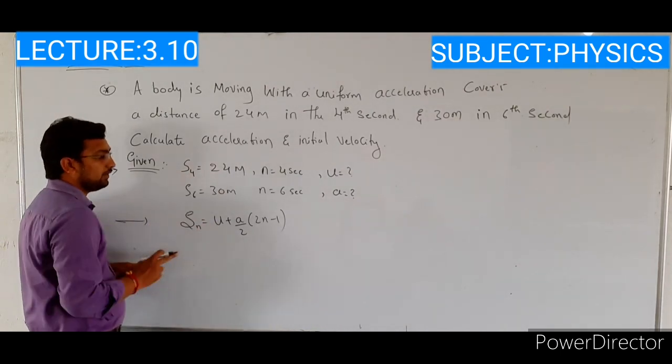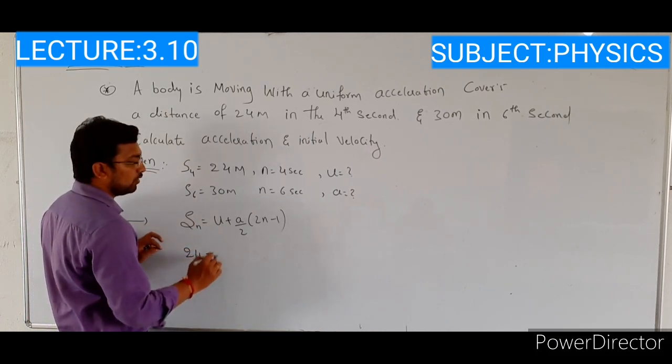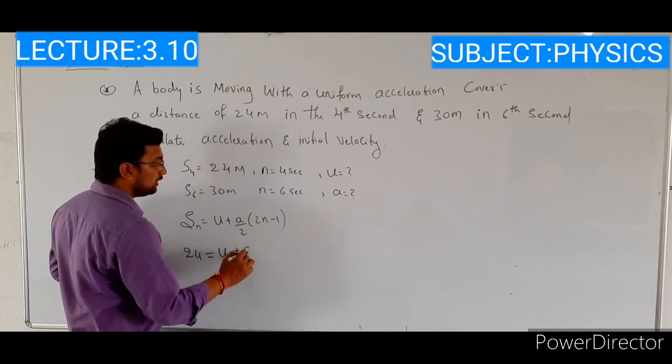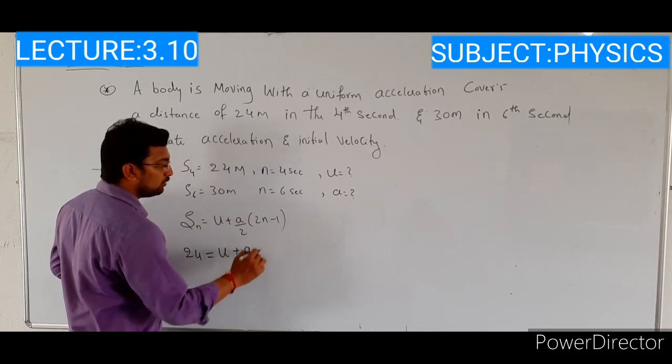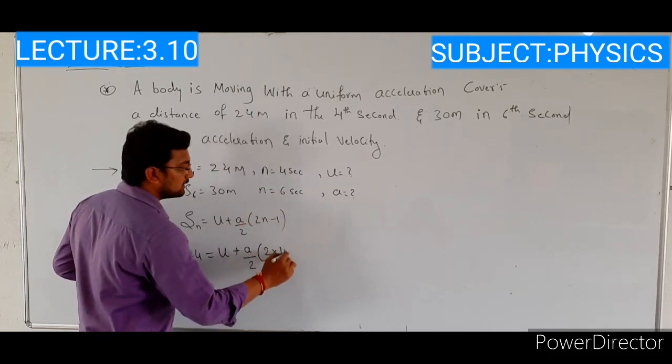So S4 is given, that is 24 meter. That is equal to initial velocity, keep as it is u, plus acceleration a by 2, bracket of 2 into n, what is the n value here, 4, minus 1.